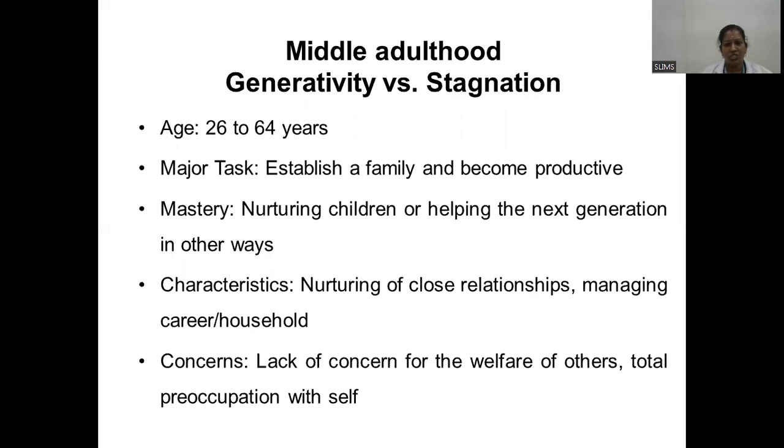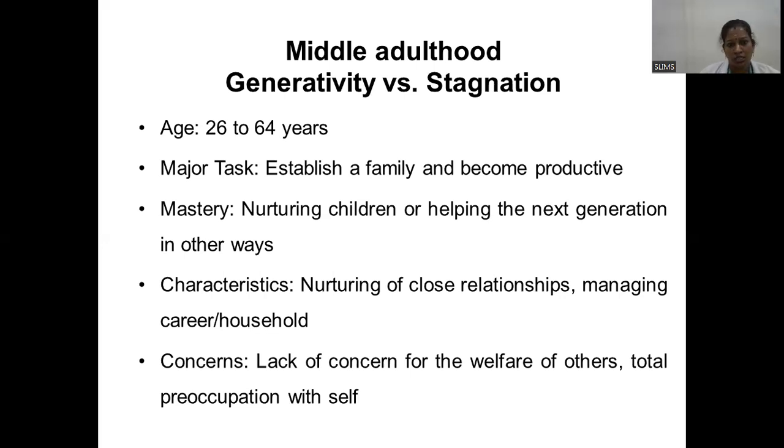Mastery is nourishing the children or helping the next generations in other ways. Characteristics: nourishing of close relationships, managing career as well as the household. In this one, concerns: lack of concern for the welfare of others, total preoccupation with self.